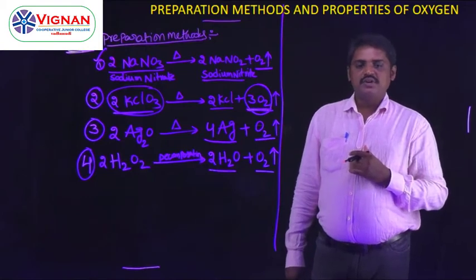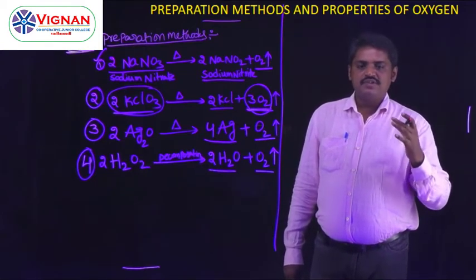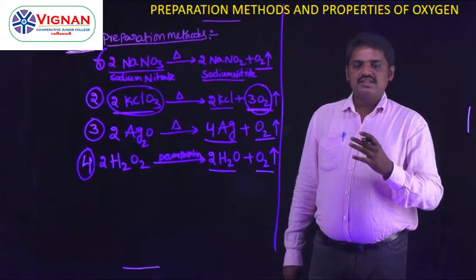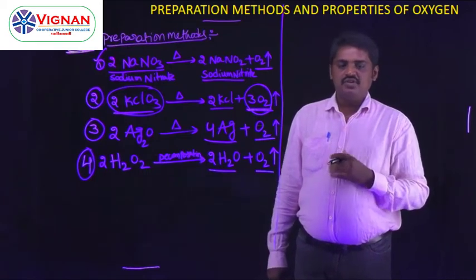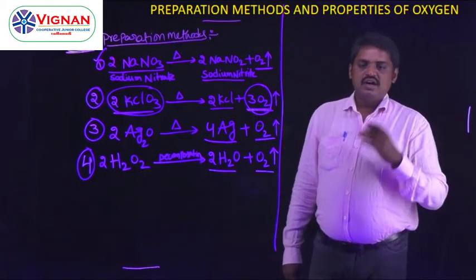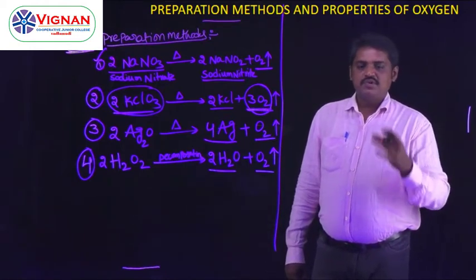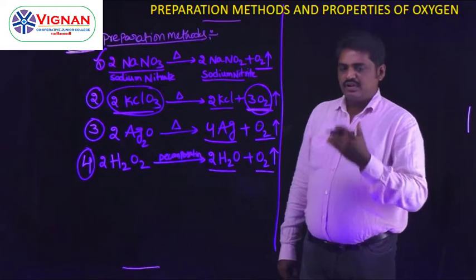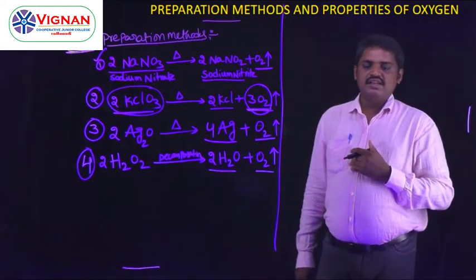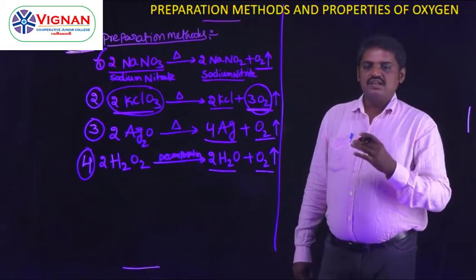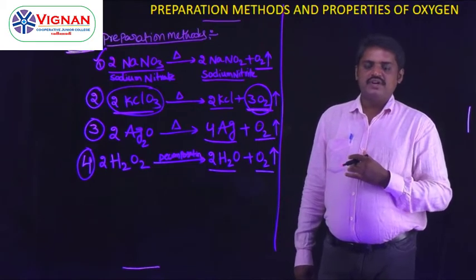For example, dioxygen plays a very important role in the formation of sulfuric acid. And for the formation of nitric acid, that process involves dioxygen gas. So these are some important applications of dioxygen.